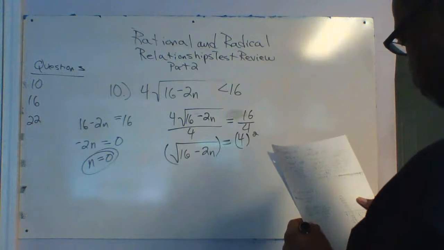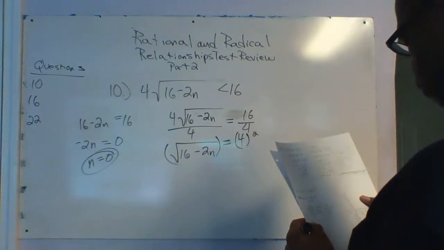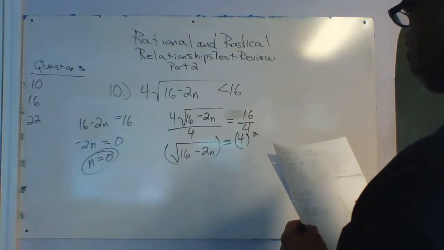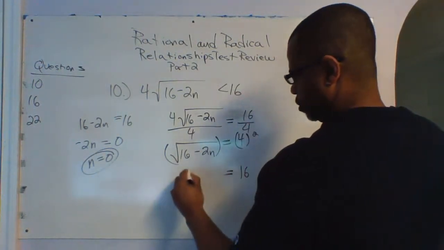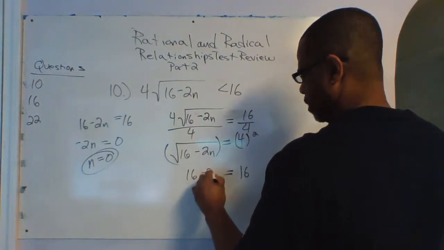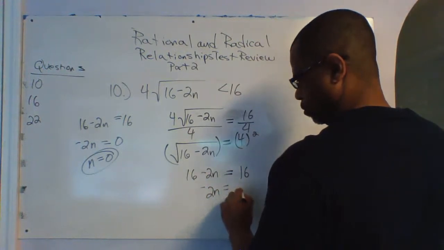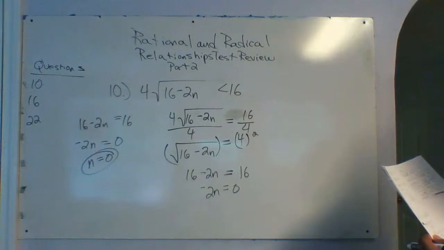For number 4. Maybe I did this wrong. So that's 16 minus 2n. So that's 2n, 0. So what did I do? Okay, so it's 16.